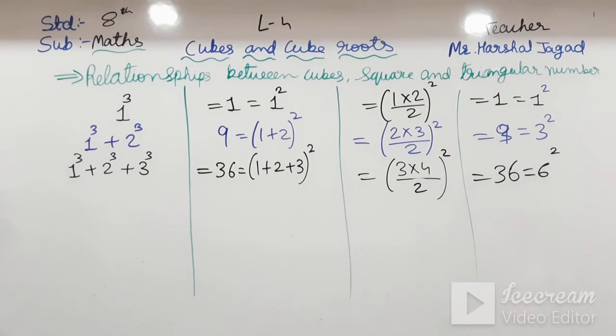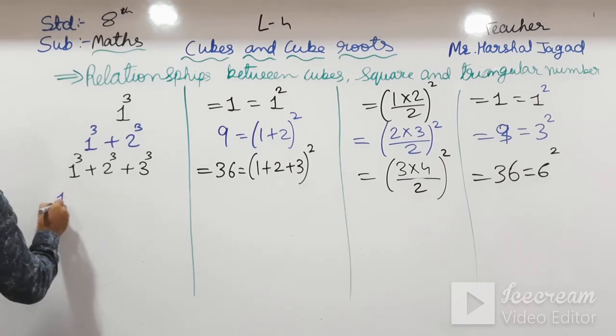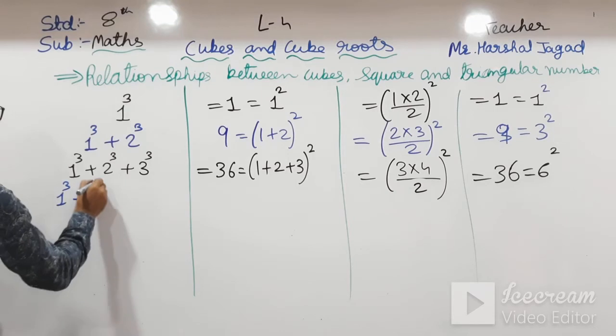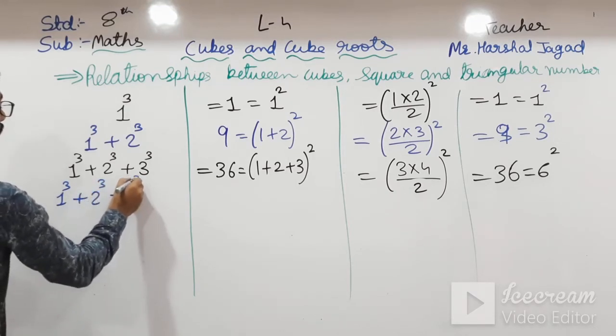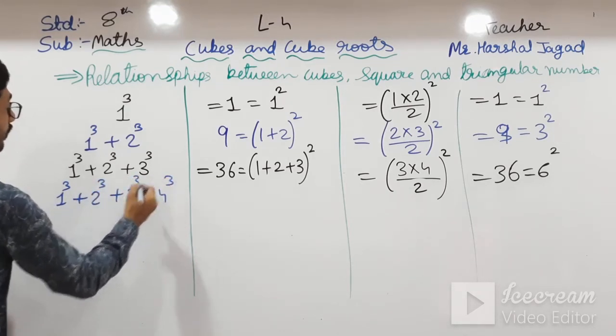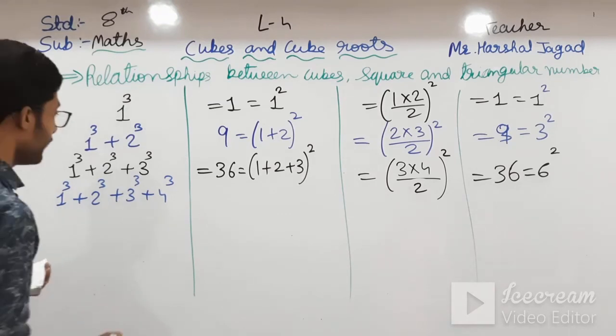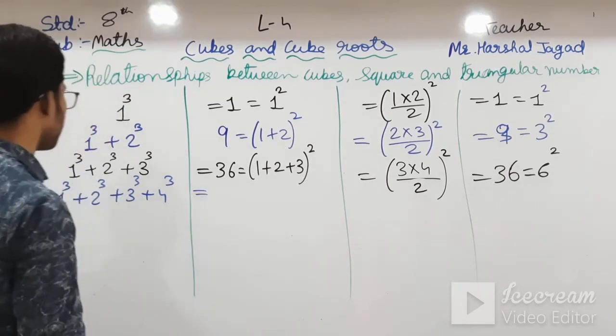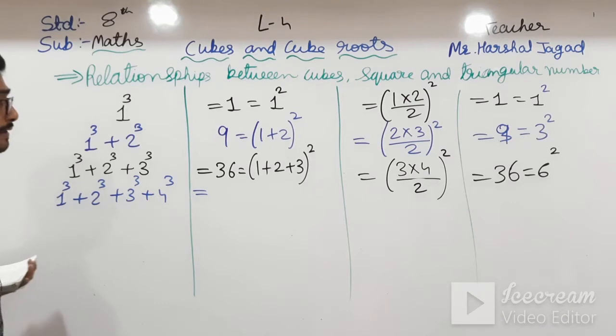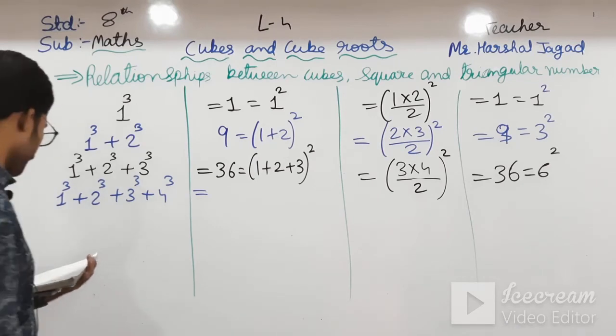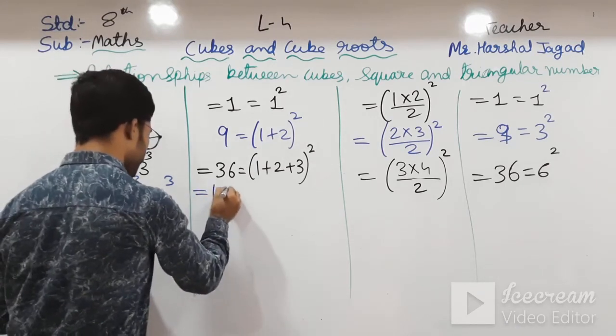Okay students, next is 1 cube plus 2 cube plus 3 cube plus 4 cube. So what will be the total of the cubes? 4 cube is 64, 3 cube is 27, 2 cube is 8, 1 cube is 1. So the total will be 100.